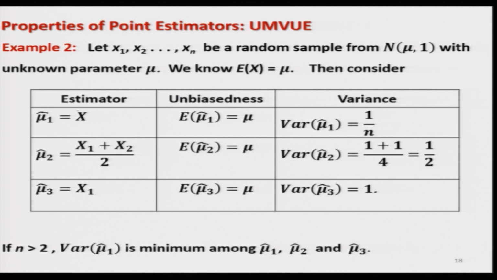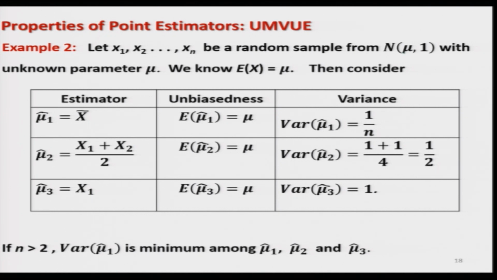So, now in the same example which I have just considered, where we had the 4 estimators, just for the sake of understanding I am trying to take here 3 possible estimators of the parameter mu.